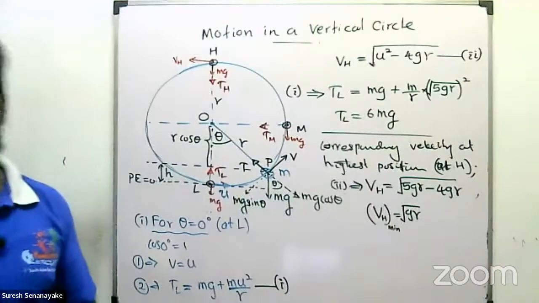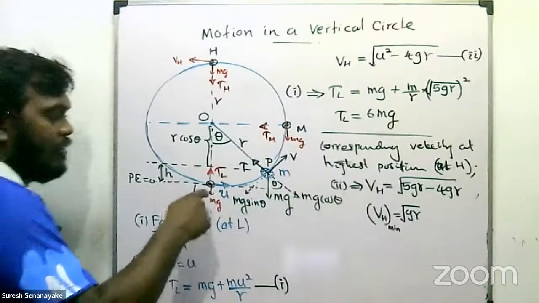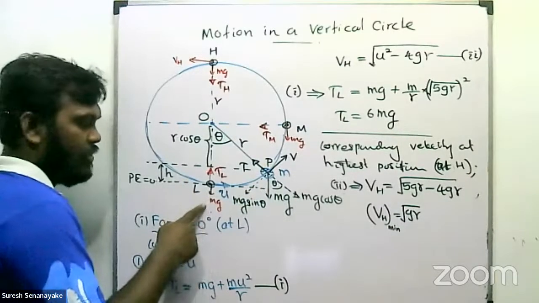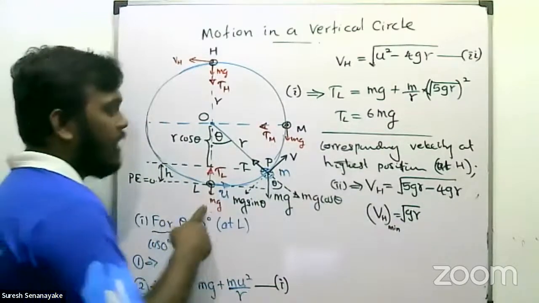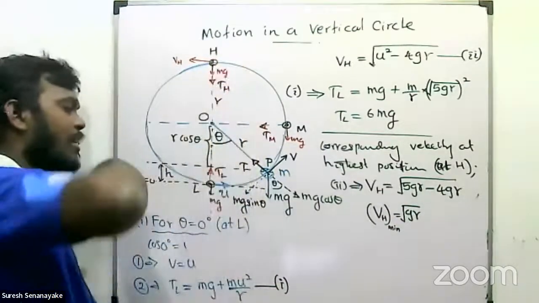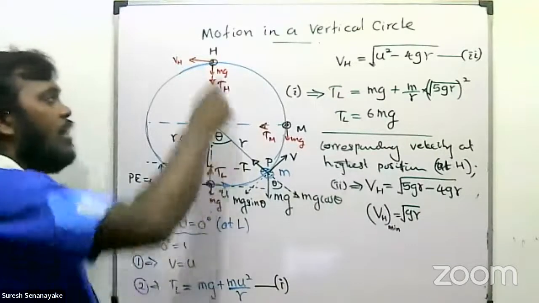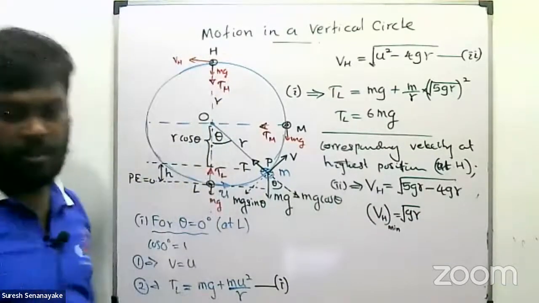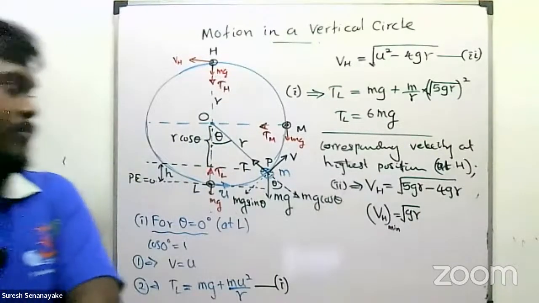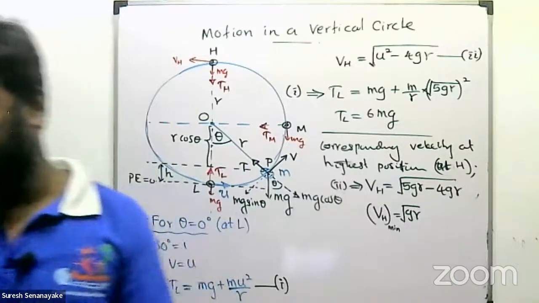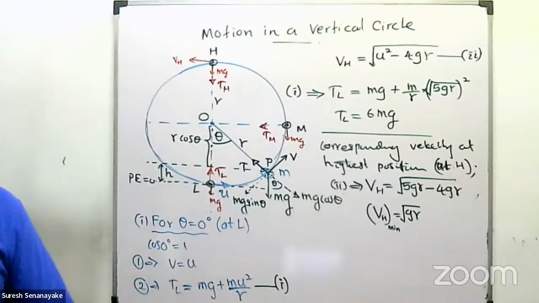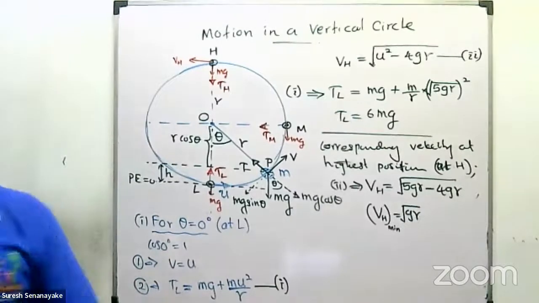That means to complete the circle, the lowest velocity should be at least square root of 5gr, and here it is square root of gr. The tension is 6mg, and at this position the tension should be greater than 0. These are the conditions to complete one circle without slacking the string.